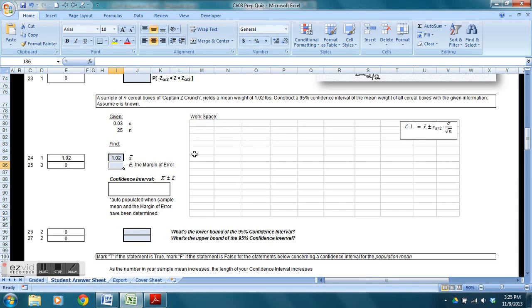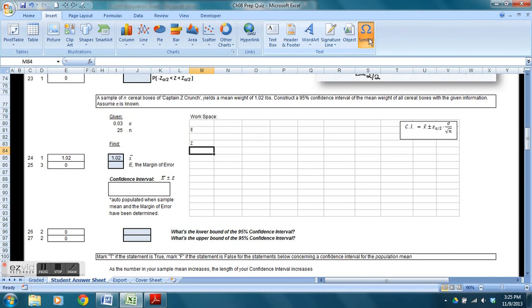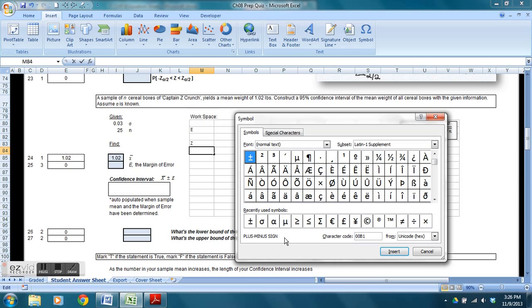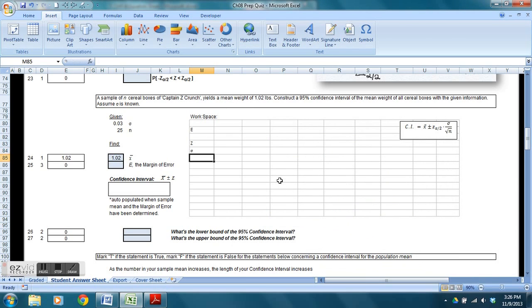So let's set this up. We have E, and then E is composed of our Z term, our sigma term, so I'll put sigma in here, insert symbol, sigma, and n, or the square root of n, which I'll just put as n to the 1/2 power.